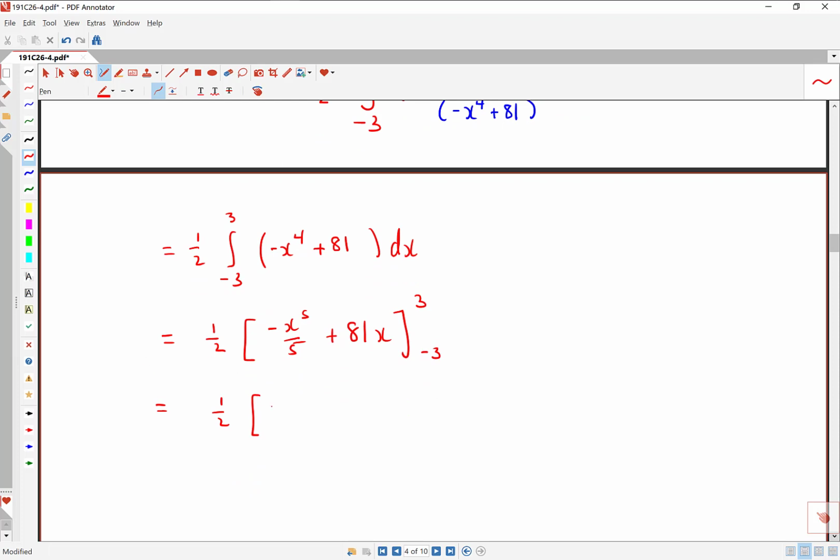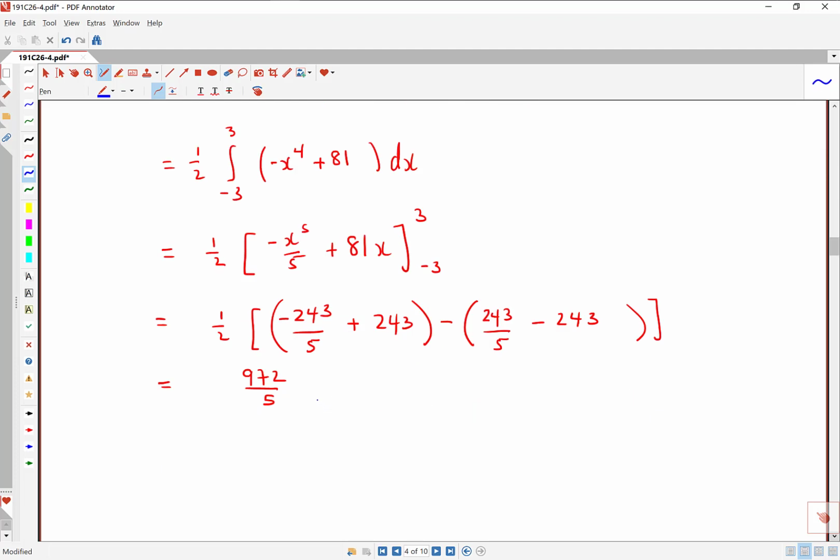Plug in 3, we're going to have minus 243 over 5 plus 243. And then we're going to be subtracting off the value at negative 3. So 243 over 5 minus 243. And then we've still got square brackets there. So if we put all this into the calculator, this comes out to 972 over 5.